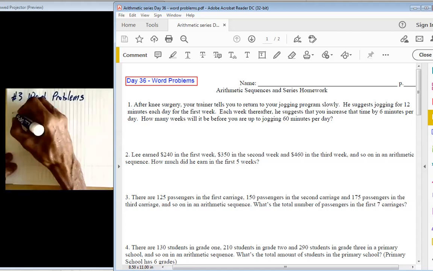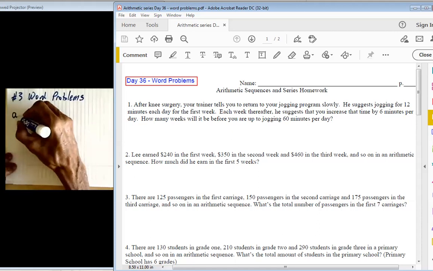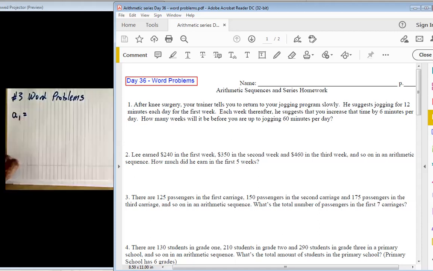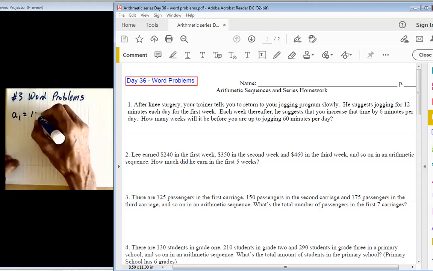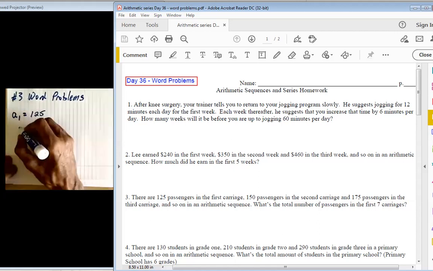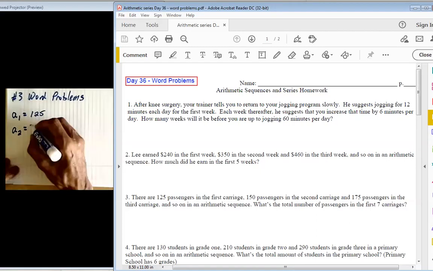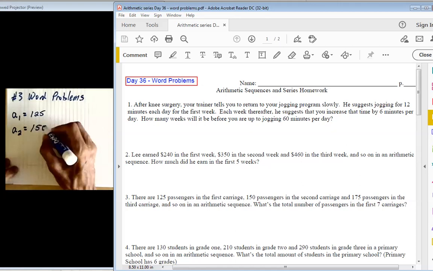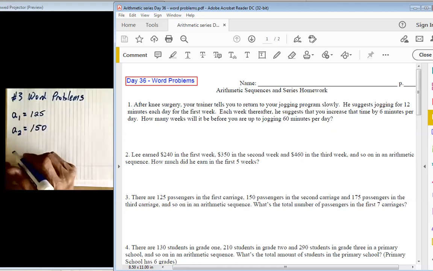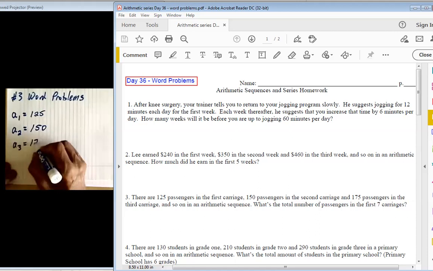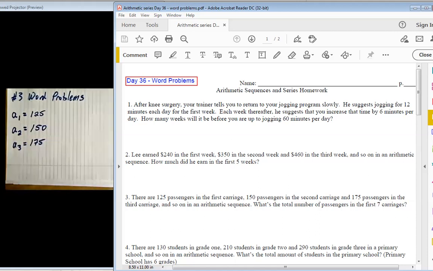So taking a look on the screen, we do have the first term that's there, A1. What is it? Yeah, it's 125, right? I'm thinking they have the second term, A2. What's the value of the second term that's there? 150, okay. I'll take your word. A3, 175, not bad.